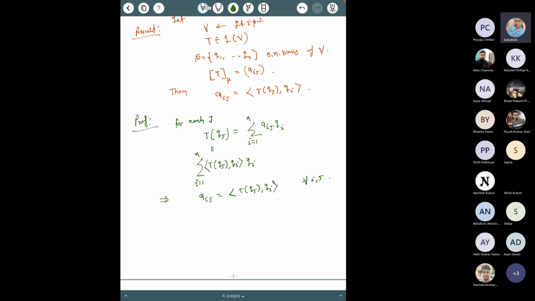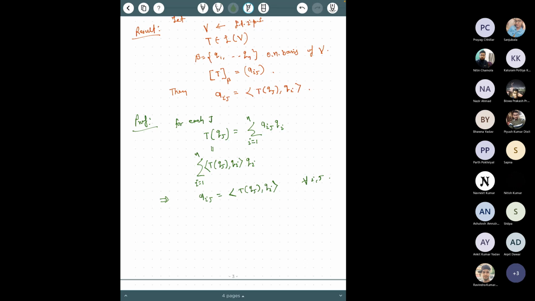Yes, sir. Why? Why is this true? Just give me justification that this implies this thing. They are linearly independent. Yes, so you can take everything to one side. If I take this also to this side, then it would be this quantity minus this one, summation for i equal to 1 to n.